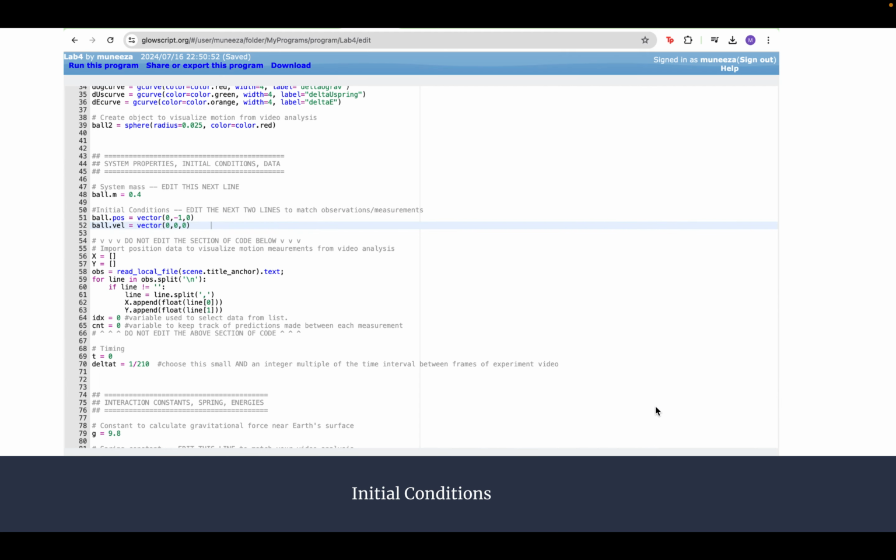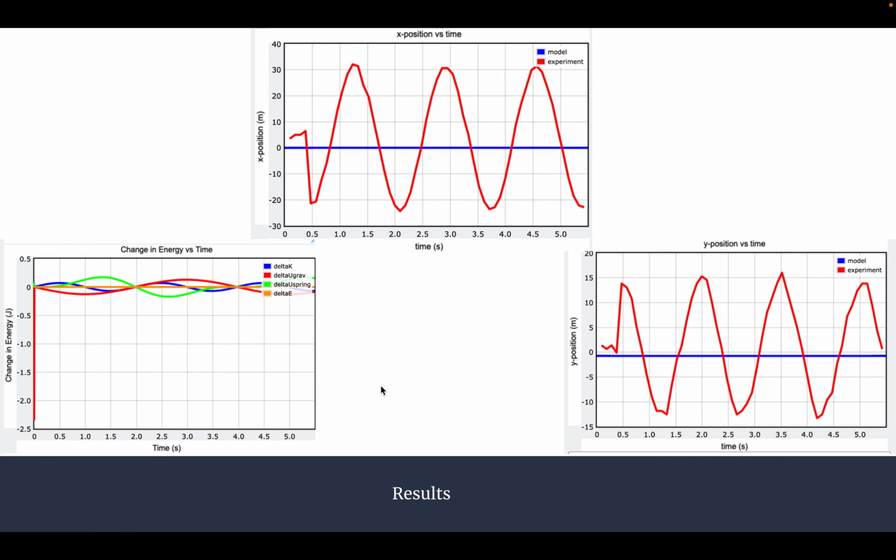So then in GlowScript, I copied the starter code, and here you can see all of the initial conditions. And then here are the results from everything that was input into GlowScript afterwards, after doing some calculations.